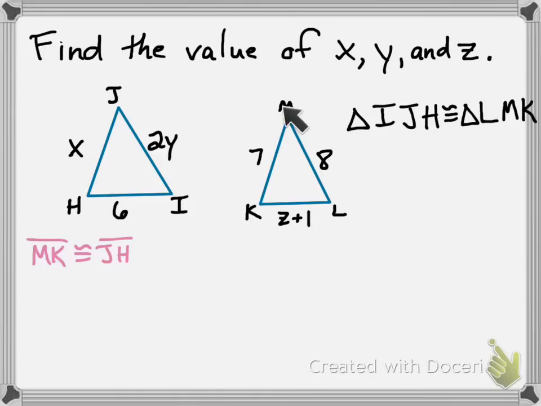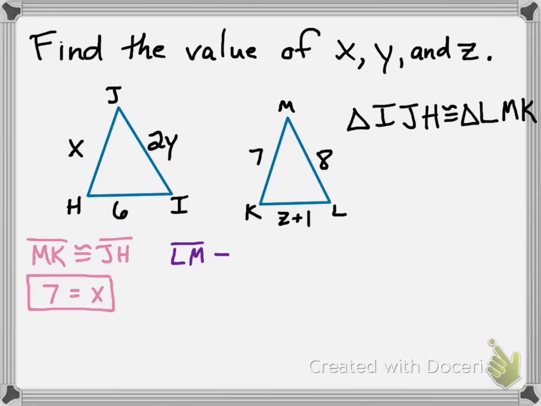So the side MK is congruent to JH. Well, what's the length of side MK? Well, it's 7. And what's the length of side JH? Well, it's X. So 7 equals X. Well, it looks like I found what X was. X is 7. Alright, on to the next one.